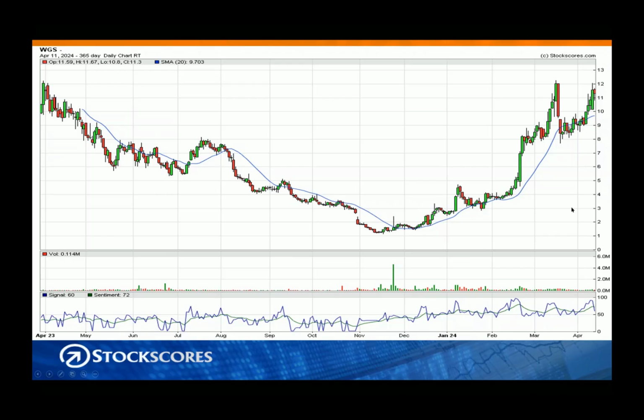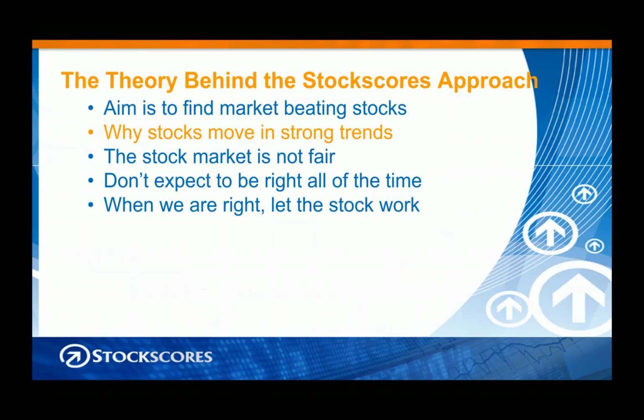And I will show you as we go through tonight where I would buy this, why I would buy it there, where I would plan to lose if it was a bad pick, and even a potential sell point, which came up last month on this stock. But we'll dive into that a little later. So for now, this is a good example of a market-beating stock. It's made a huge return, 300-400% in just a few months.